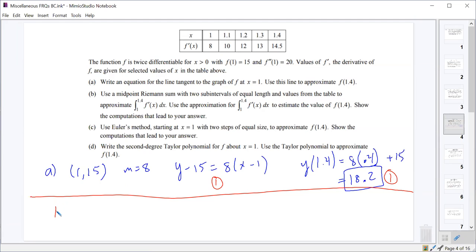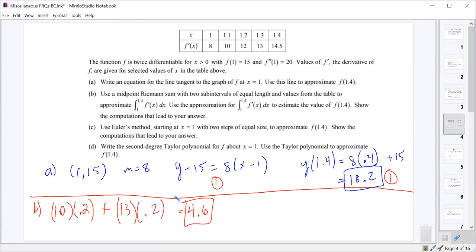So we should just have 10 times the length of that interval, which is 0.2, plus, and then the midpoint of 1.2 to 1.4 is 1.3, so that's the value of 13. And again, times 0.2, and that's 2.6 and 2, so that should be 4.6.